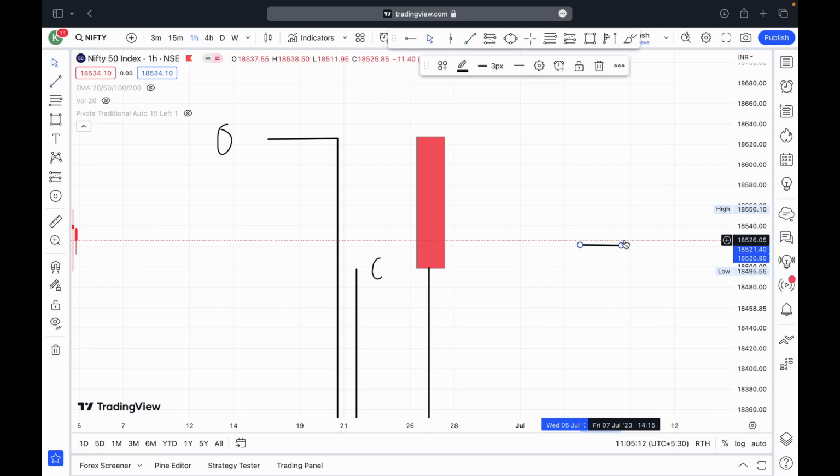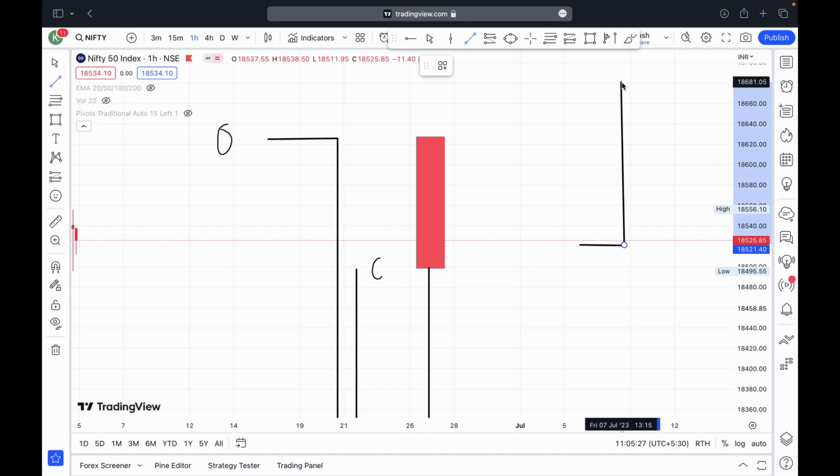After that, the market goes up due to very high buying pressure. It goes up to 18,680. Then sellers are very interested in this price and they start selling, and the price drops from 18,680 to 18,400.